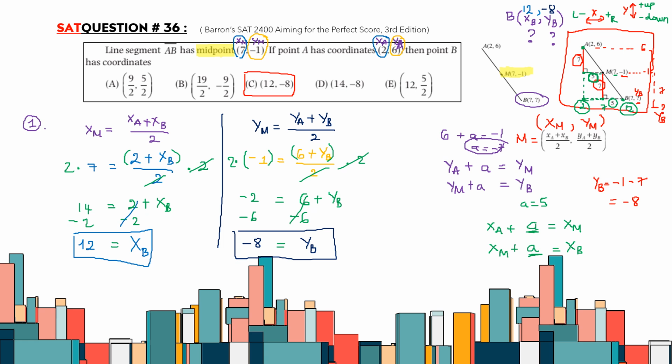We see that x sub A is 2, we add A, equals x sub M, which is 7. So we subtract 2 from both sides and you have A equals 5. See that? After you find A equals 5, you just plug in. This is the second method, drawing out the diagram. By using the formula, we just go straightforward.